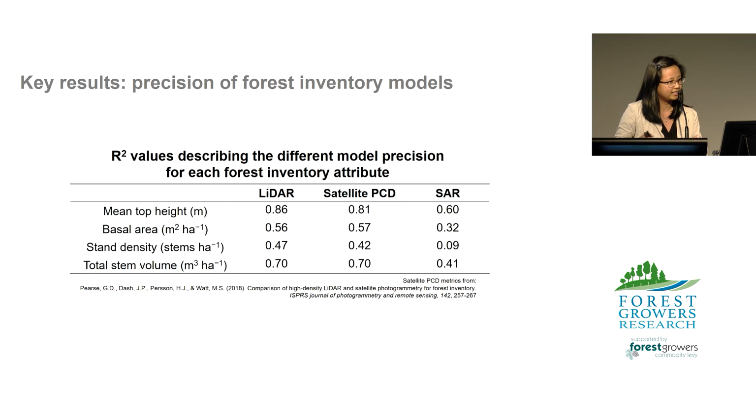So this is regardless if you use LIDAR, satellite point cloud, or SAR. And also, regardless of the attribute that we are predicting, LIDAR performs better than satellite point cloud data, and both performed better than SAR.